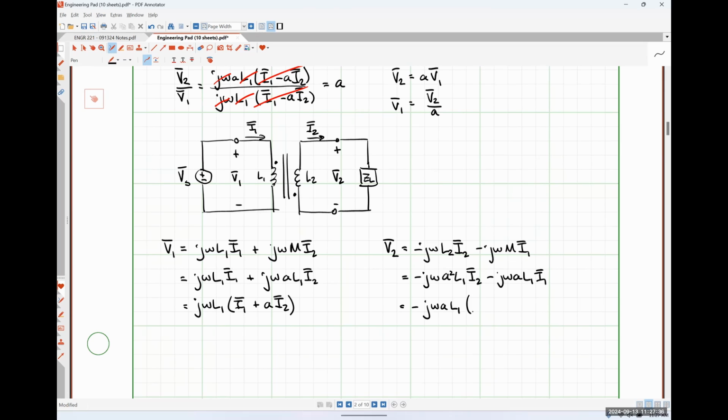So I'm going to have a factor of I1 here plus A I2 here.